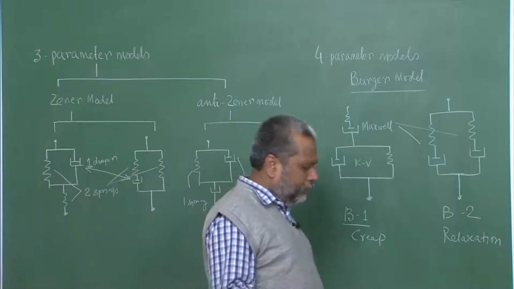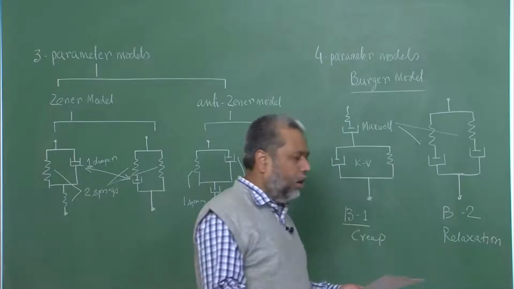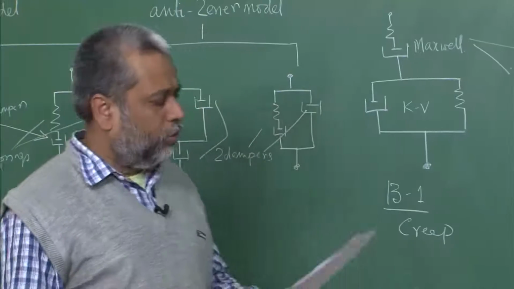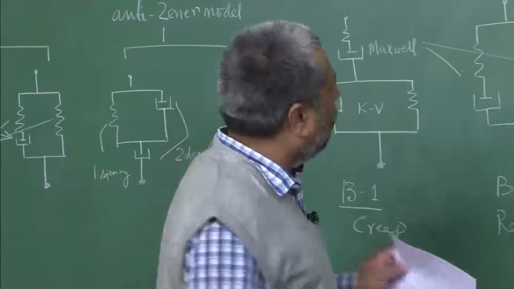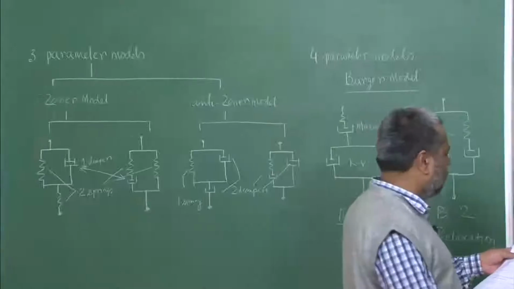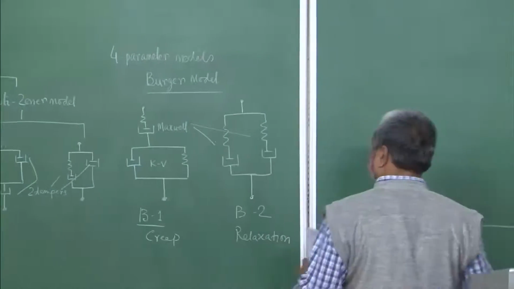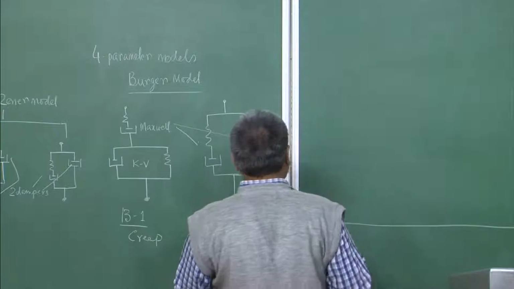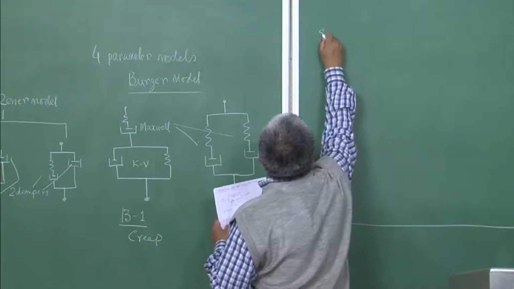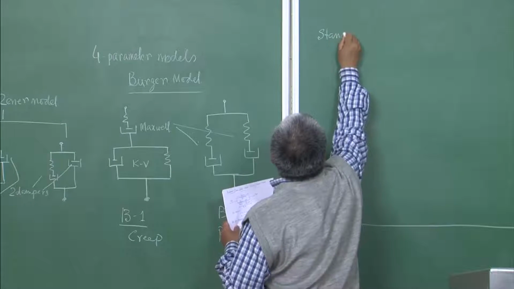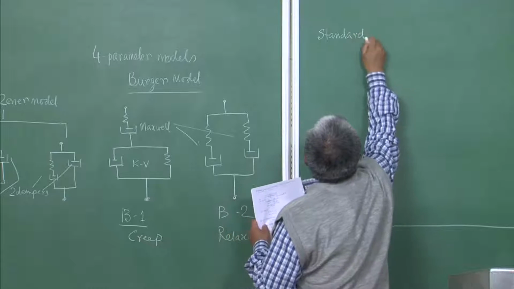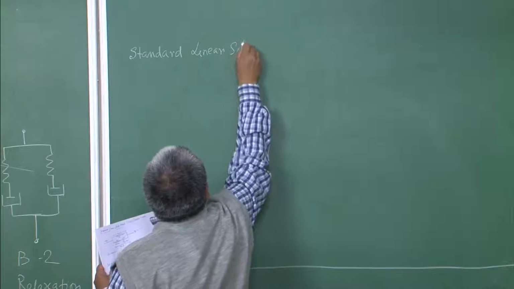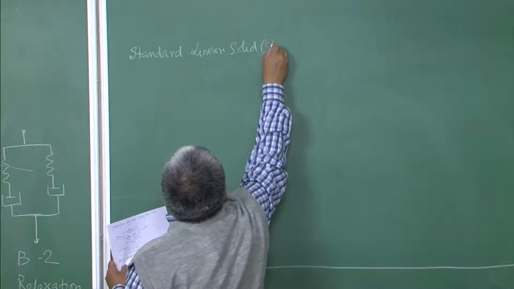Now, if the parameter increases, how am I going to develop the generalized Hooke's law or the constitutive relationship? Let us look into one simple case which you can later on work for all other cases. So, let us try to work on one simple case which we will call as the standard linear solid model, SLS.